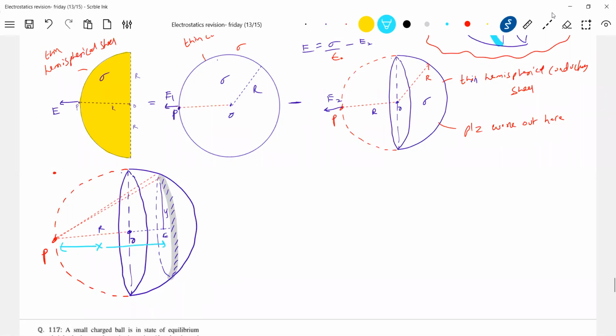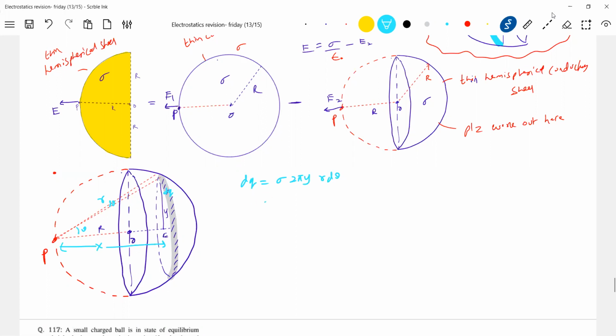Now, there's a charge on this, let it be dq. First we'll define the dq: sigma 2 pi y r d theta. So this is r theta, this will be d theta. So dq we know it.